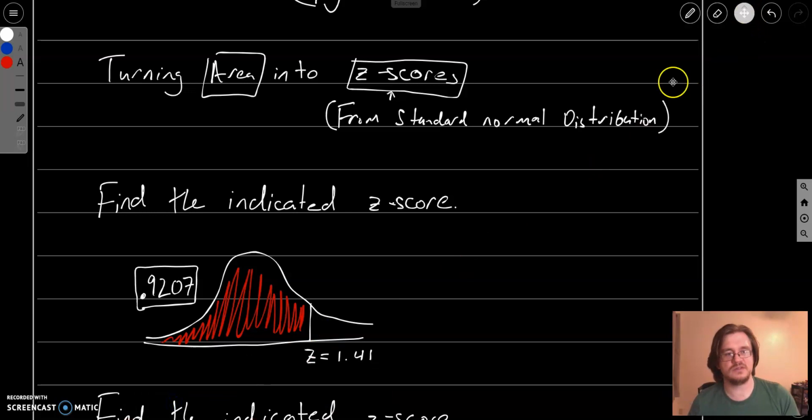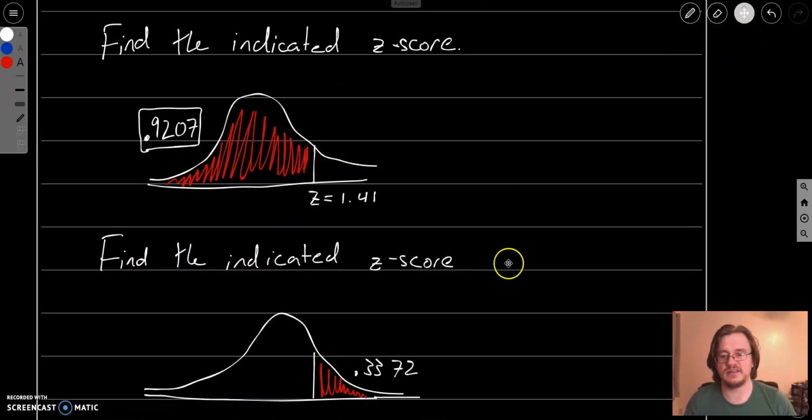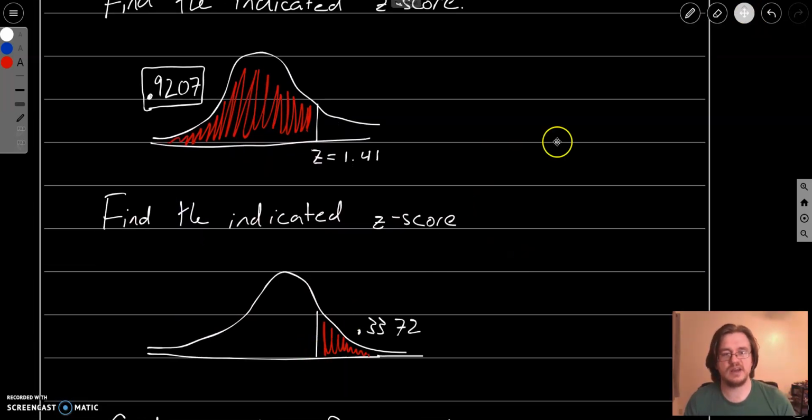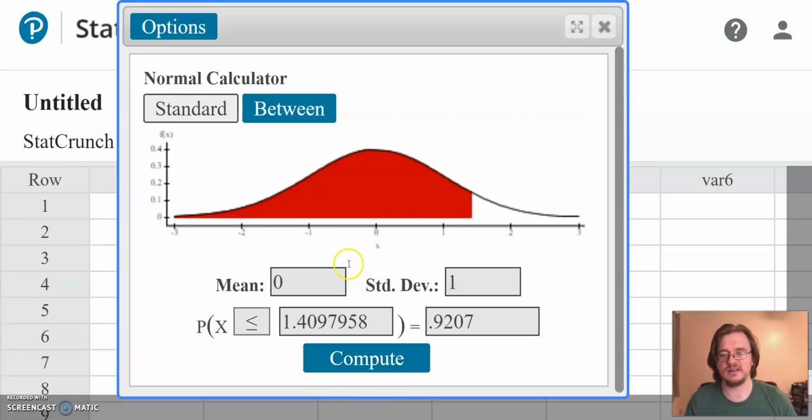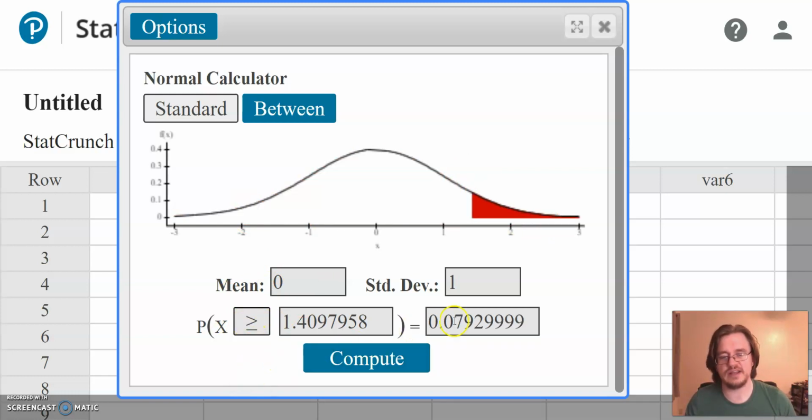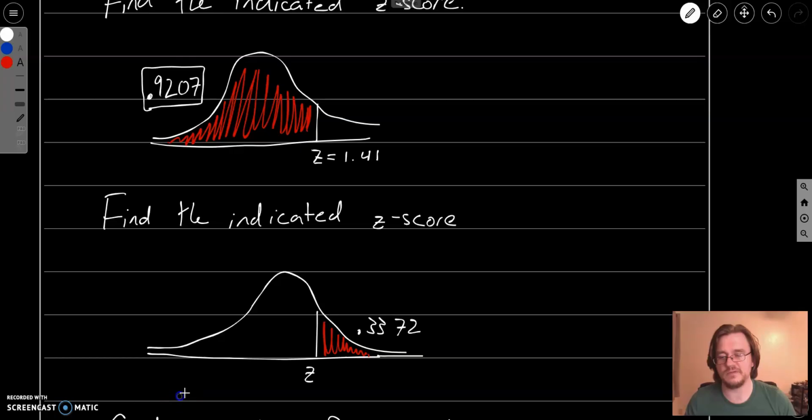We could also find the z-score when we're given the area to the right. Here I can take this curve, and instead of looking to the left at values that are less than it, we'll look at values that are bigger than it, and we have to give it the correct value for the area.